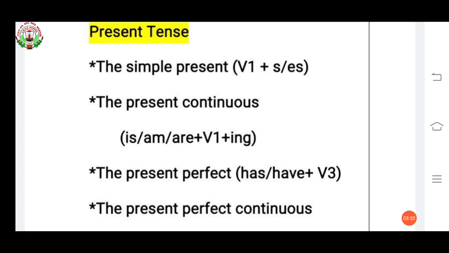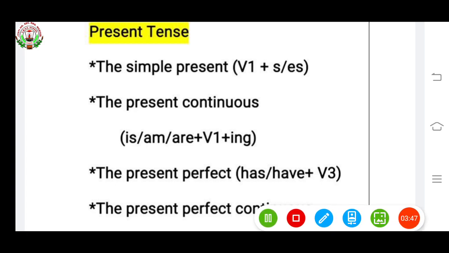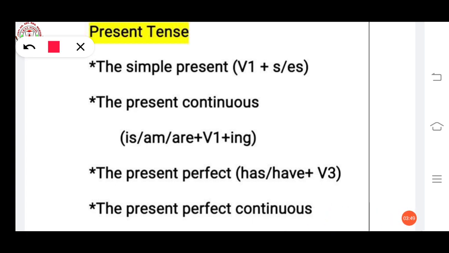The simple present tense: verb first form plus s or es. The present continuous: is, am, are plus verb first form plus ing. Here you see where you have to use is, with he or she.